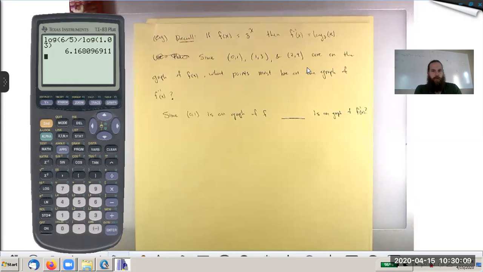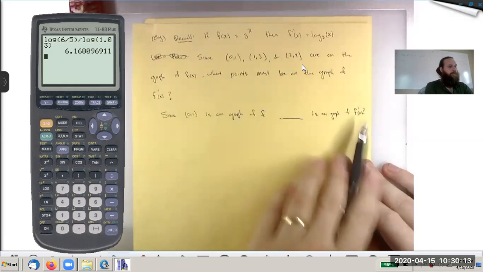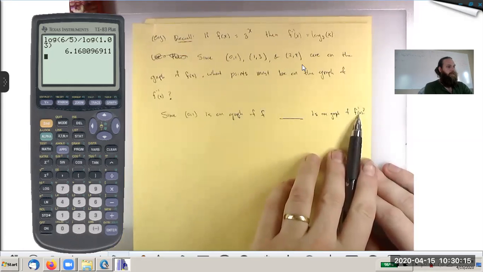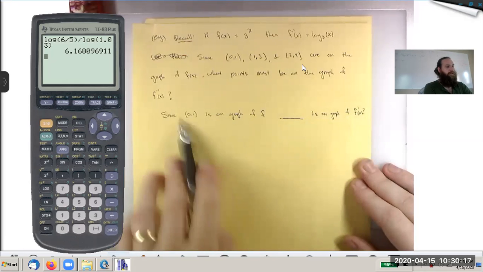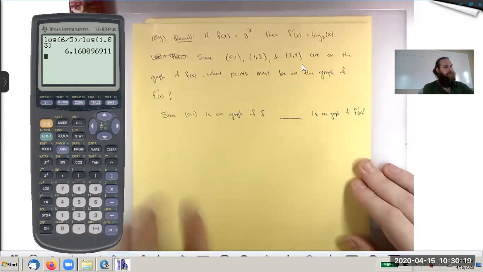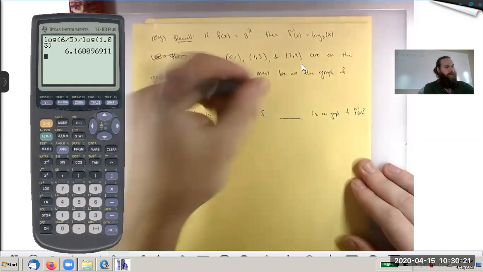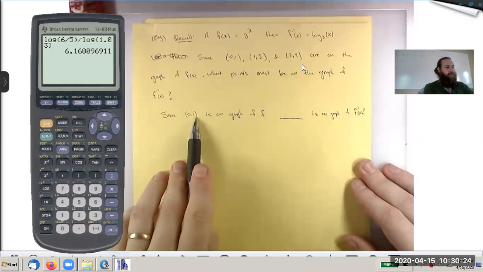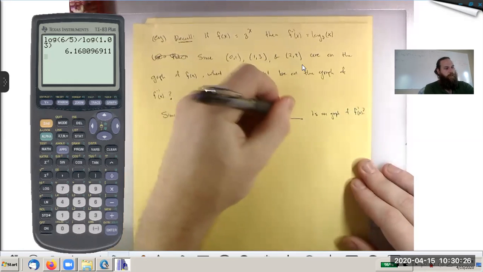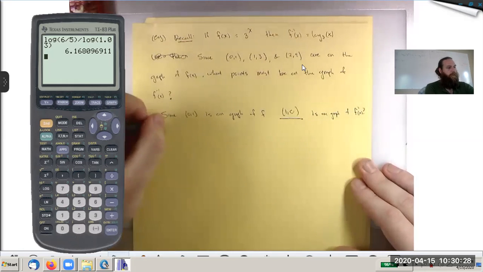Yeah, very good. One of you sent me the correct trio of points there. Remember, if you're given a point that's on the graph of f, to find a point that's on the graph of f inverse, you flip these guys over. This says f sends 0 to 1. That means f inverse has to send 1 back home to 0.